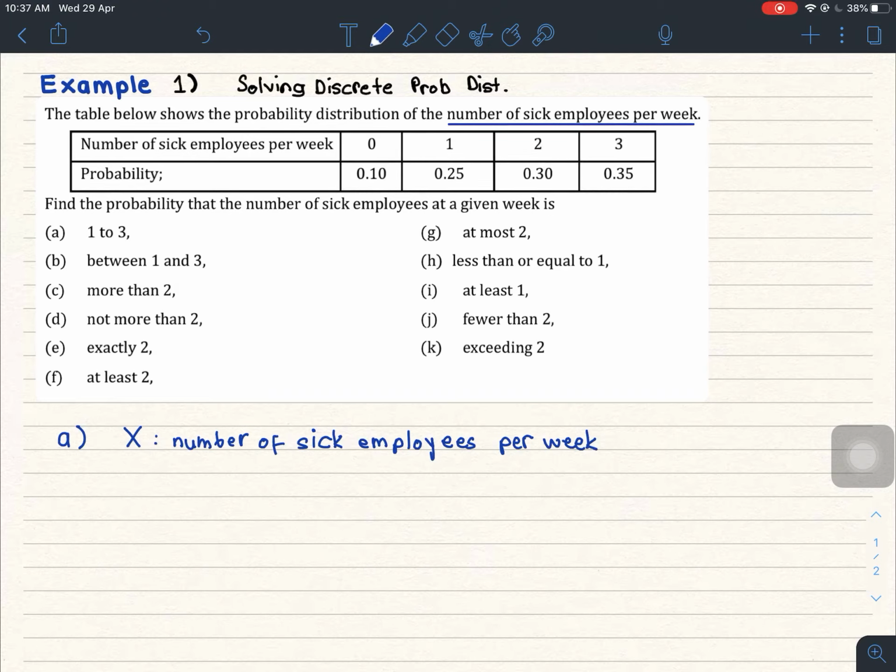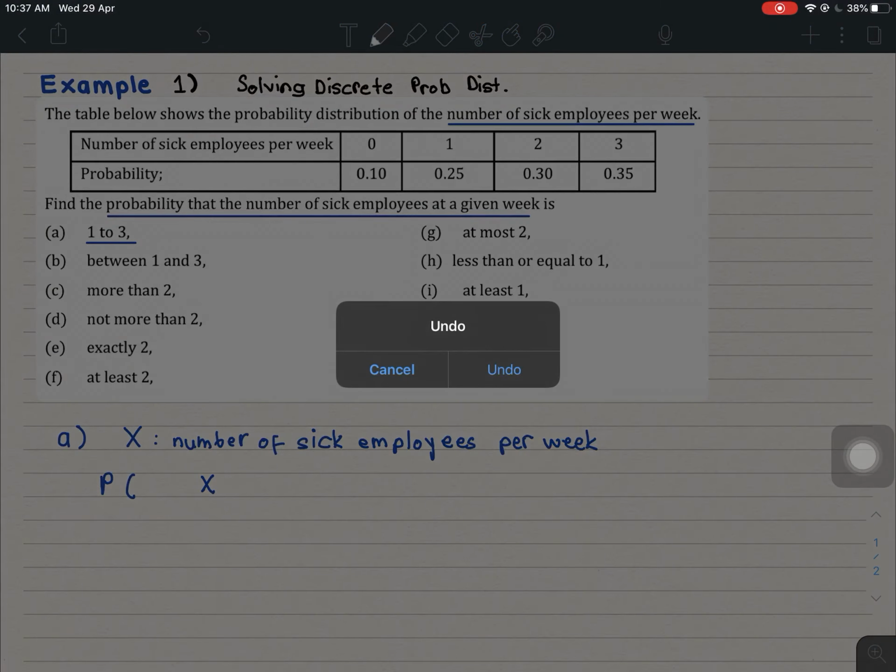Question A asks you about the probability that the number of sick employees in a given week is 1, 2, 3. Change this into notation: probability is P. Because 1, 2, 3 is an interval, X would be in the middle.